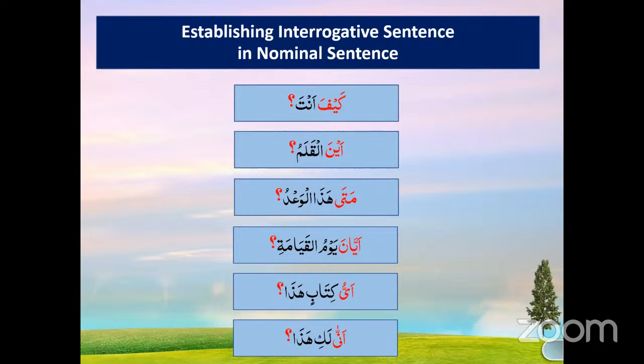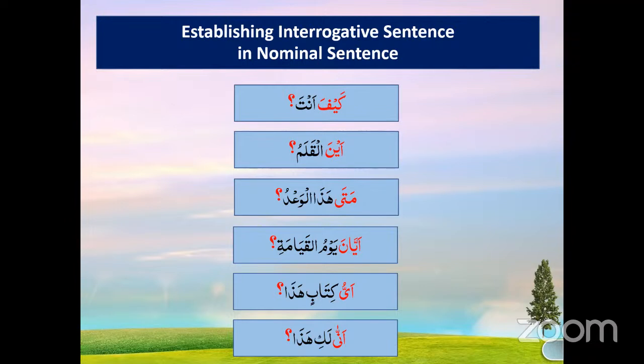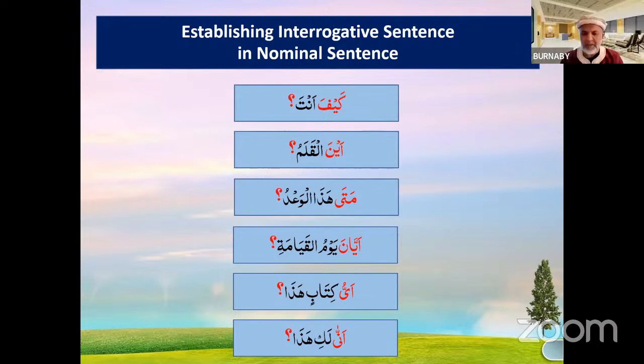And we know that the way they combined, Yawmu does not have tanween, and the Qiyamah is in the status of jar. So those are the qualities of Mudaf and Mudafun ilayh. So we said this is Murakkab Idafi combination. Agree? In the previous one, Mata Haza al-Wa'du, Haza is Ismi Ishara, and al-Wa'du is connected with this promise.